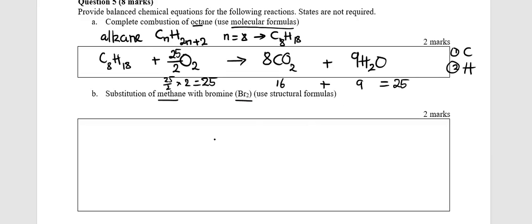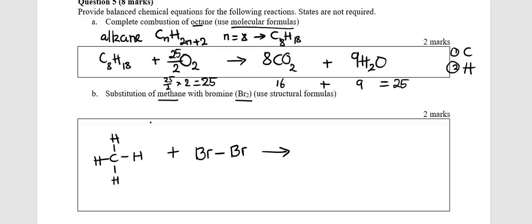So structural formulas mean that you need to show all covalent bonds. You don't need to show any lone pairs. It would be nice to have the shape, but I think it's okay. And well, you don't necessarily have to show the shape for structural formula. I'm going to react it with Br.